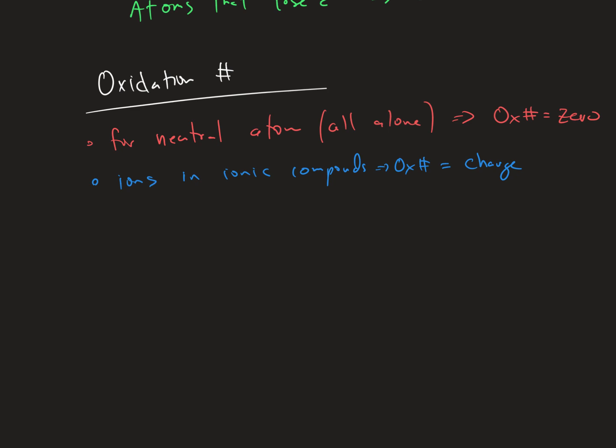Now we're getting into, well, what if it's not an ionic compound? This one also goes with everything: the sum of the oxidation numbers in a compound is equal to the charge of the compound.